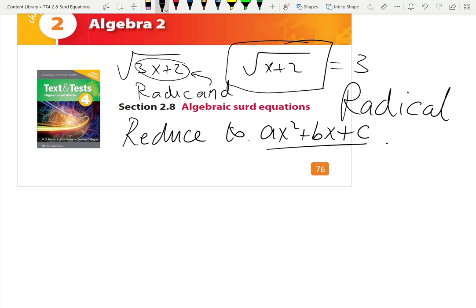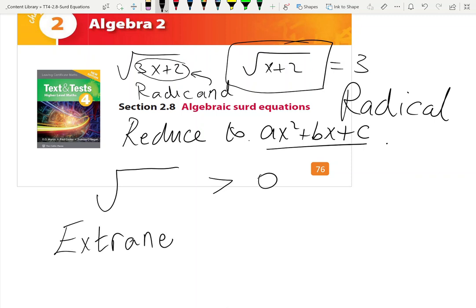But one of the particular characteristics of this process is that square roots must be positive. For that reason, rogue solutions, extraneous solutions must be rejected.